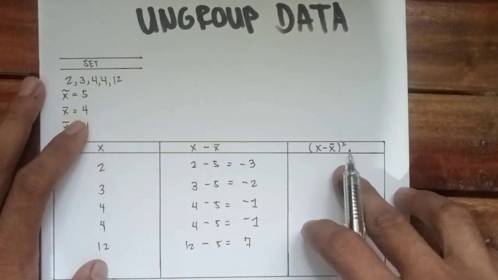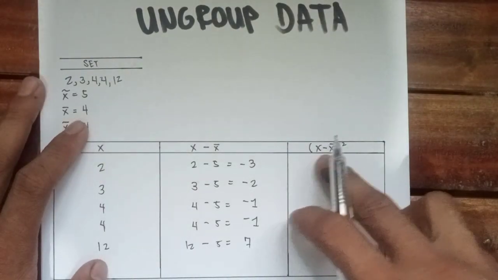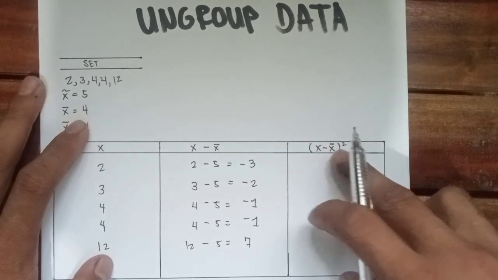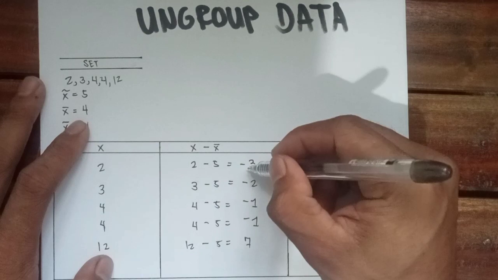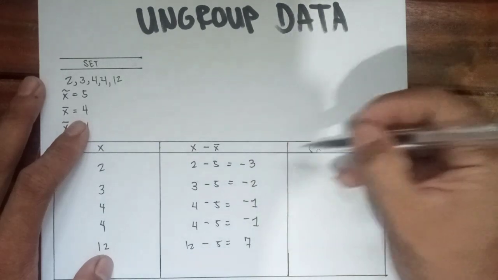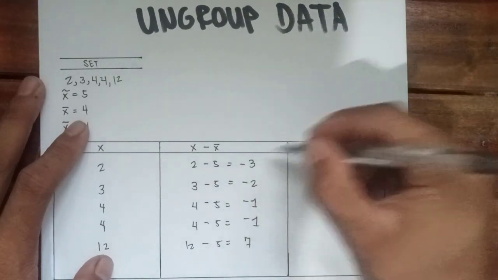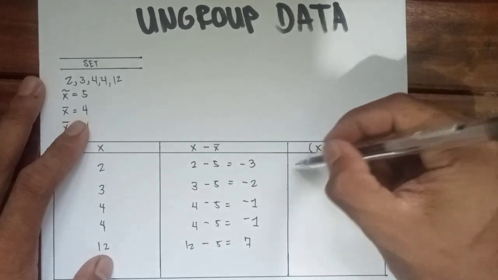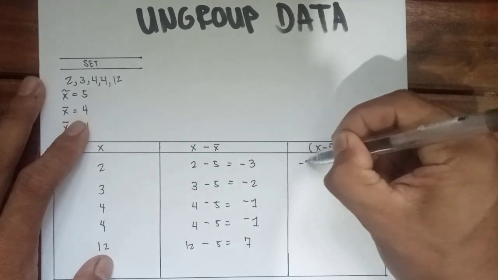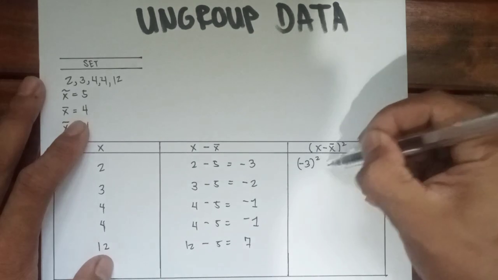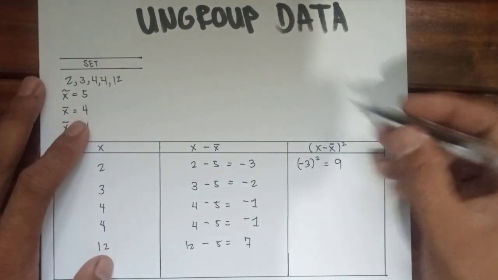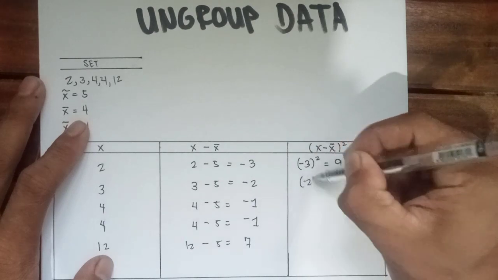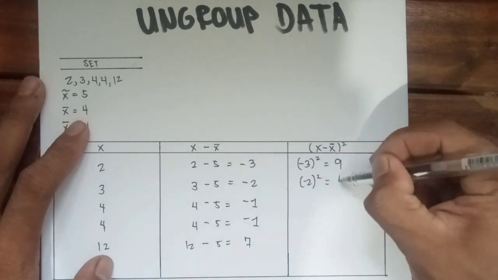Pagdating naman po dito sa x minus mean squared, gagawin lang po natin yung sagot po dito sa x minus mean is i-squared lang po natin. So, negative 3 squared is equivalent to 9. And then, negative 2 squared is equivalent to 4.